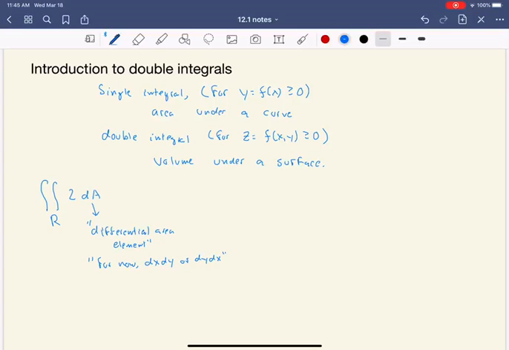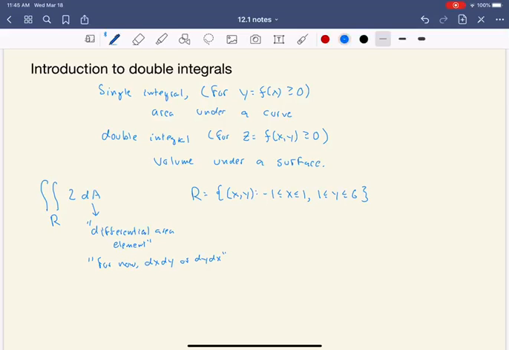So, our region that we're given, it's written like this in the book: (x,y) with -1 less than or equal to x less than or equal to 1, and 1 less than or equal to y less than or equal to 6.